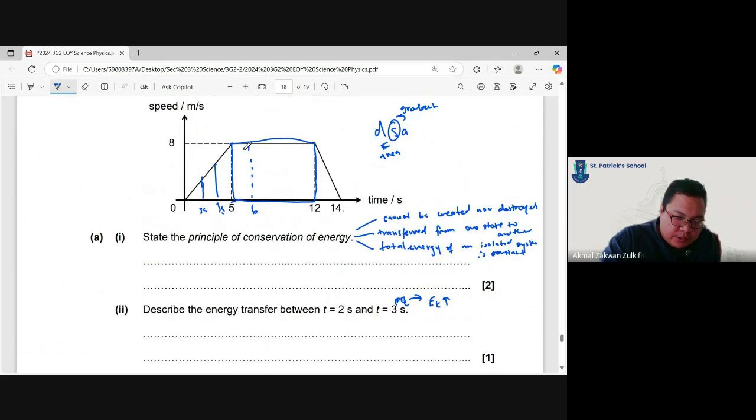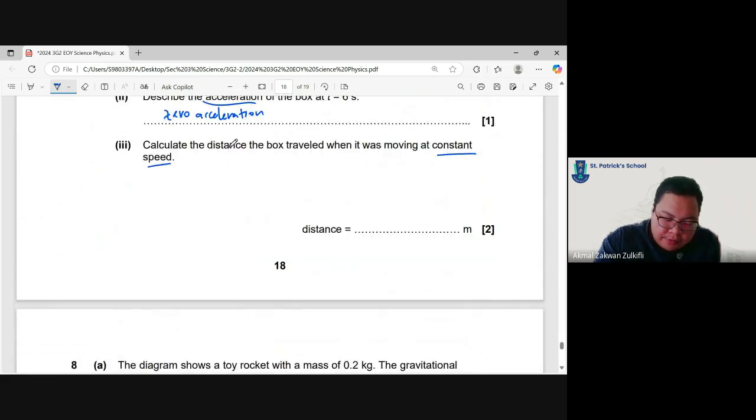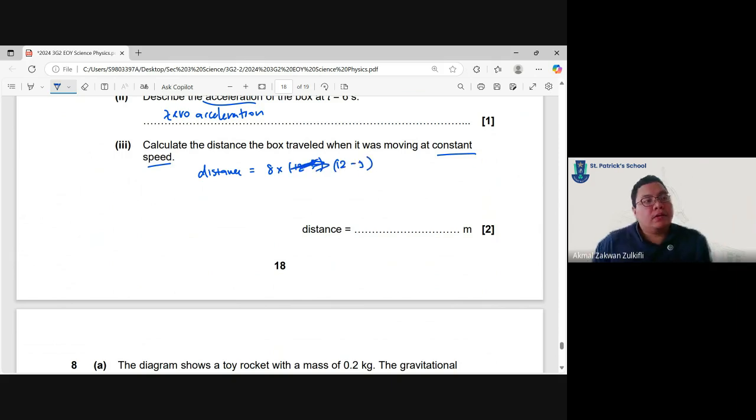So if this is constant speed and I want distance, I take the area. So it's just 8 times 12 minus 5. So distance is 8 times 12 minus 5. Okay, and you will get the value.